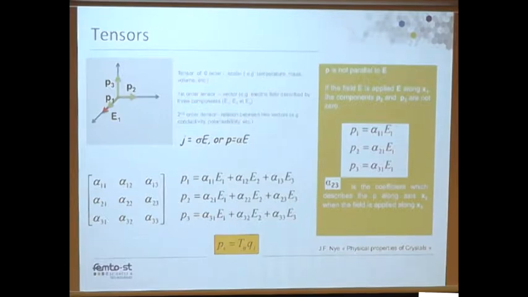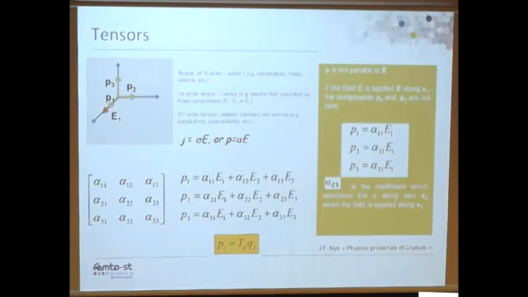The example here is between electric field and polarization through the polarizability constant, which is also a tensor of order 2. For example, polarization along axis 1 can be induced by the field along axis 1, along axis 2, and 3.